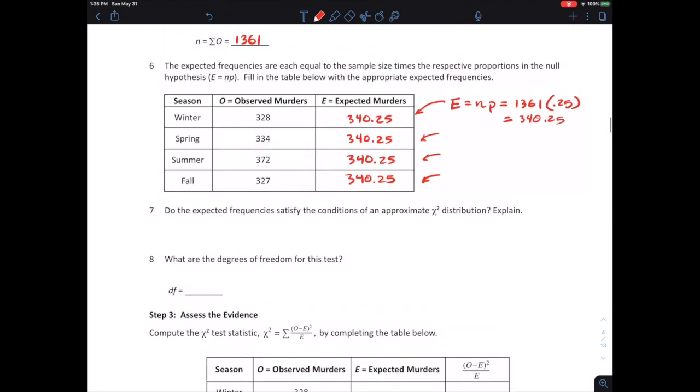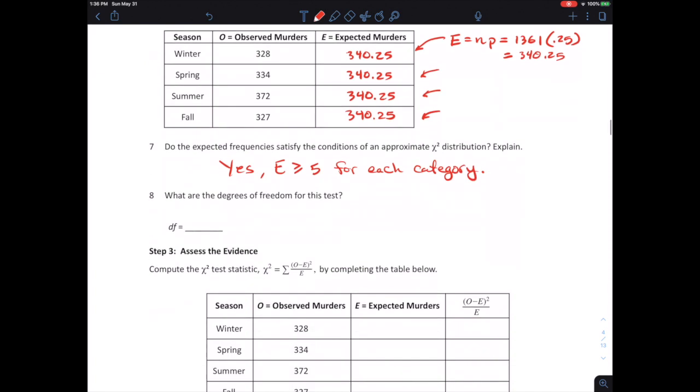Okay, so then do the expected frequencies satisfy the conditions? Just as a reminder, the expected frequencies are all at least 5. So yes, each expected frequency is at least 5. Okay, so that's all that's required.